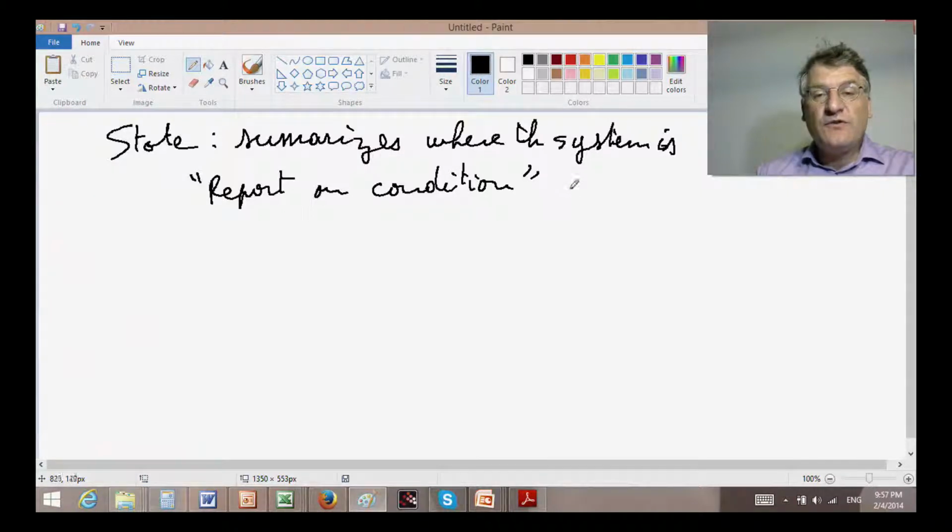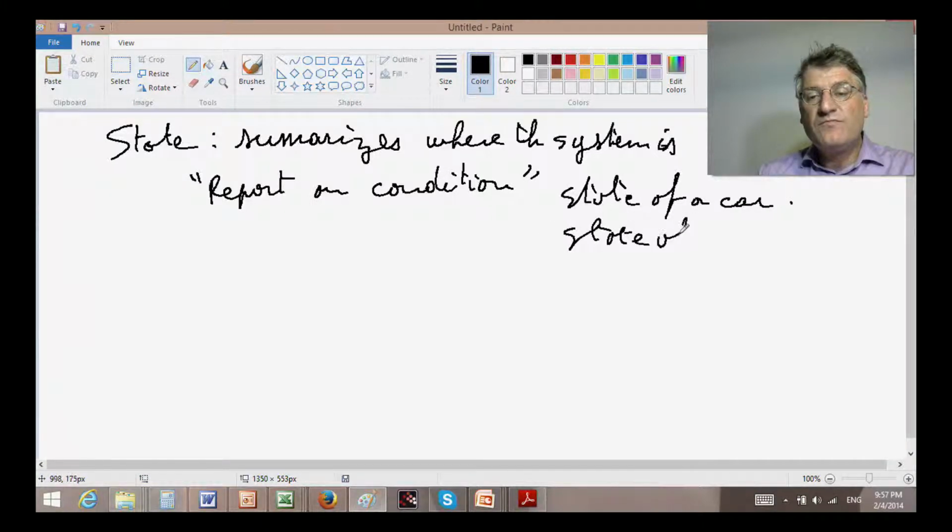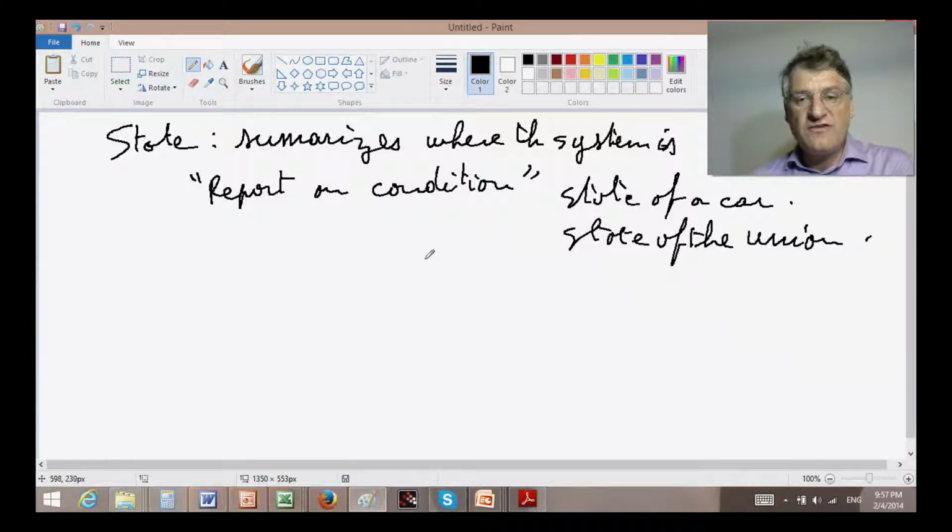That applies also to the state of a car or the state of the union. The state of the union is somehow a report to Congress of the general condition of the republic as perceived by the president.